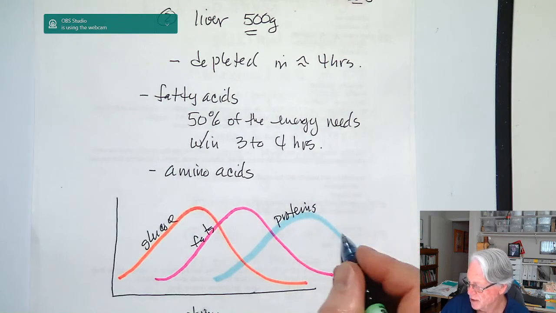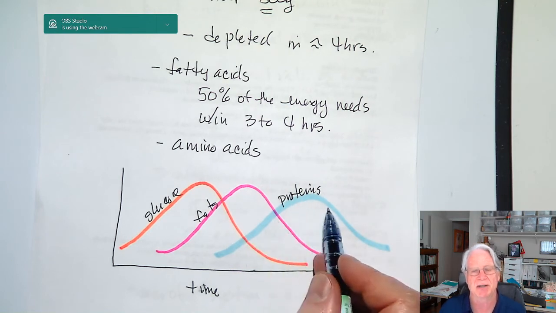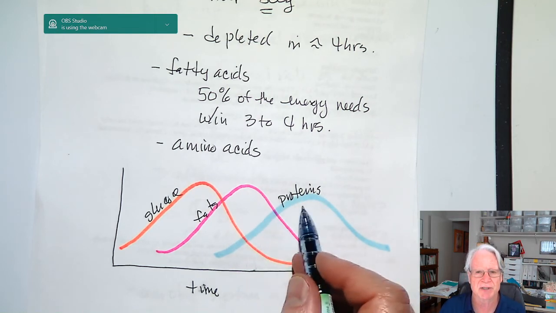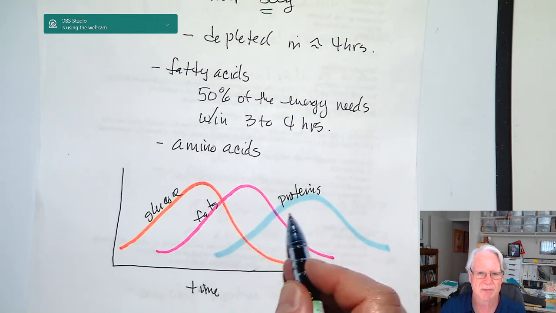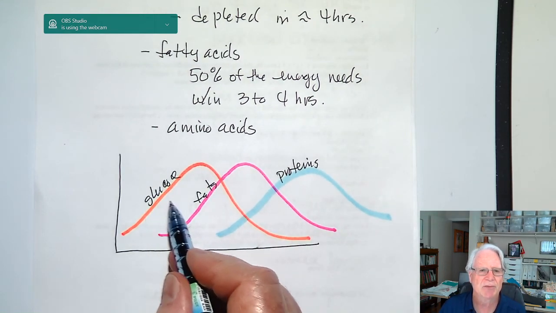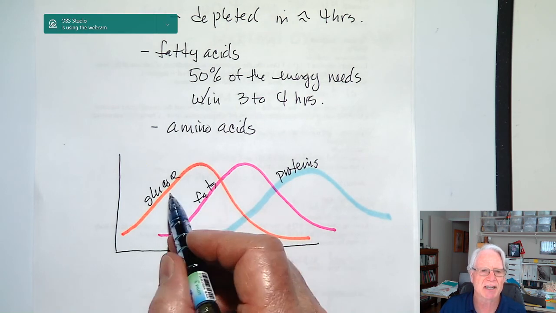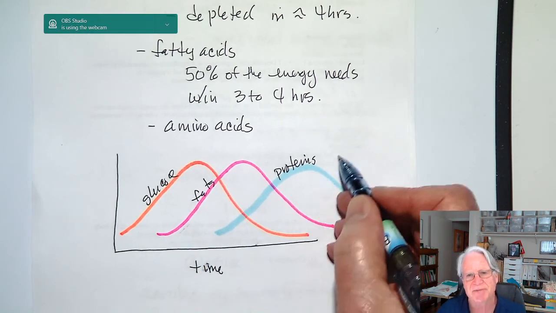Okay. Now, you never want to get to this point because you're actually cannibalizing yourself in order to generate the energy. And you're in starvation mode here, basically. Okay. But notice that there's an overlap between the use of glucose and fats. So it's not like you use up all the glucose and then fats begin.